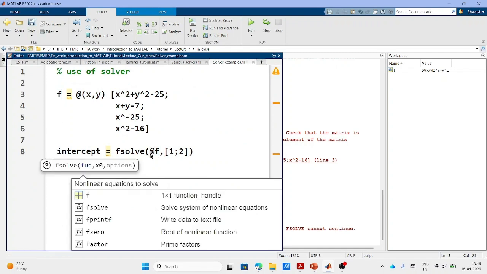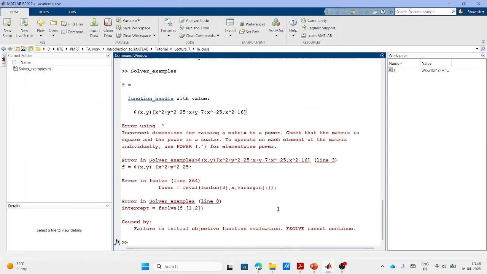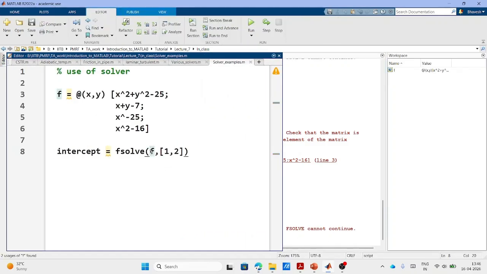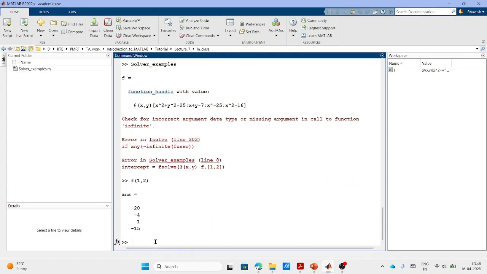Let me write it this way, with the at-the-rate sign, and this part x comma 2, and then when I run it, failure initializing objective function fsolve, cannot evaluate x comma y, and missing argument 1 comma 2.